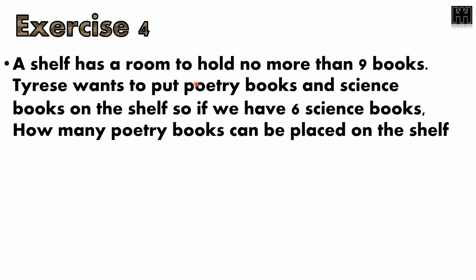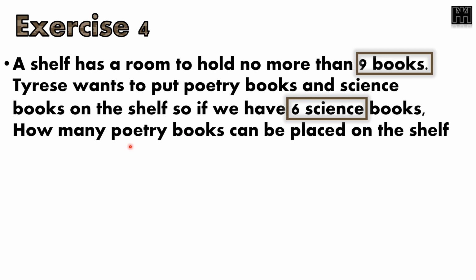Okay, a shelf has room to hold no more than 9 books. This is the maximum number of books here. Tyrus wants to put poetry books and science books on the shelf. If we have 6 science books, how many poetry books can we place on the shelf? Okay, let's see. We have no more than 9 books. I have 6 science books.